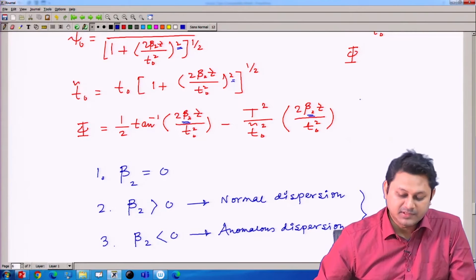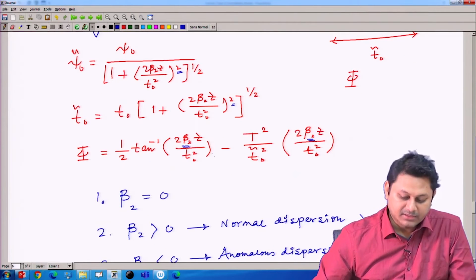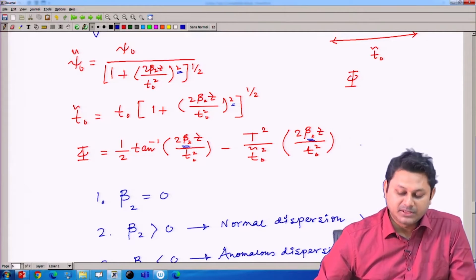If it is anomalous dispersion, then I have a negative sign, and this negative sign makes phi negative. If I have a positive sign, then phi can have different values. So, it is a combination of plus and minus anyway. But the point is, depending on whether beta 2 is positive or negative, phi is going to be modified.